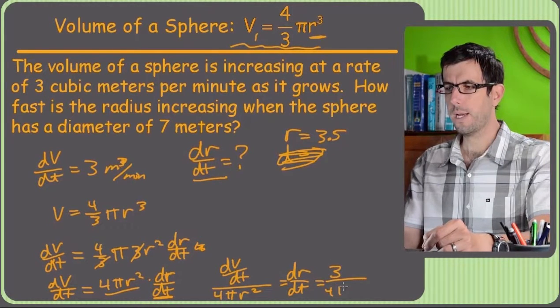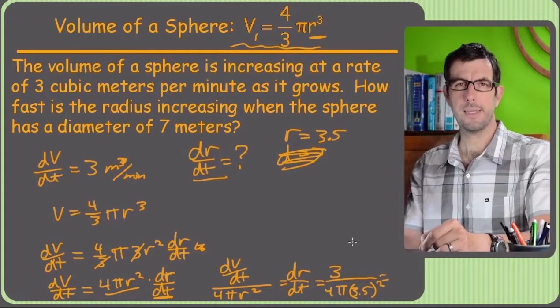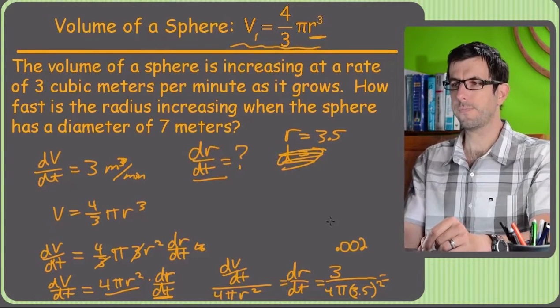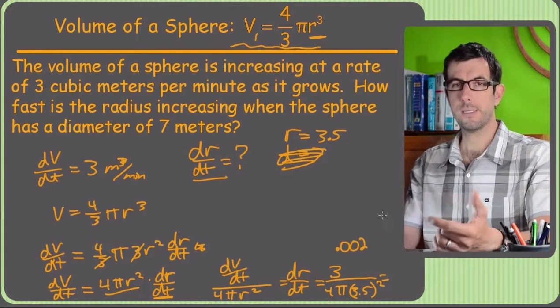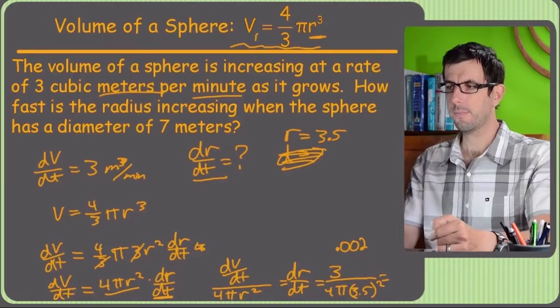Then I've got 4 pi, and r squared is just going to be 3.5 squared. When I plugged all that in using my calculator, I got 0.0024. And what are our units? Well, this is the rate of change of radius, so we want a distance per unit time. Looks like we got meters per minute.